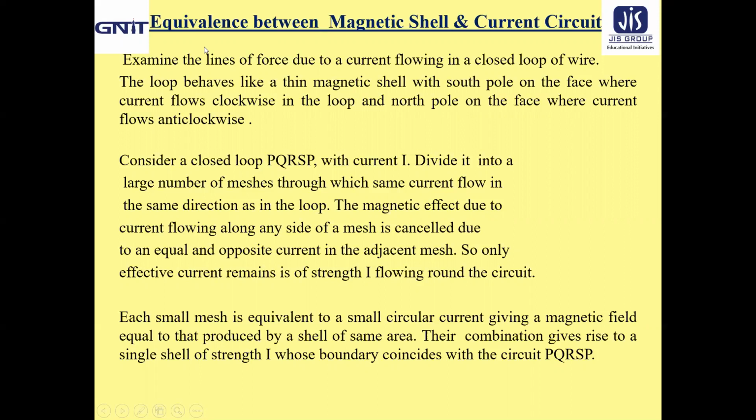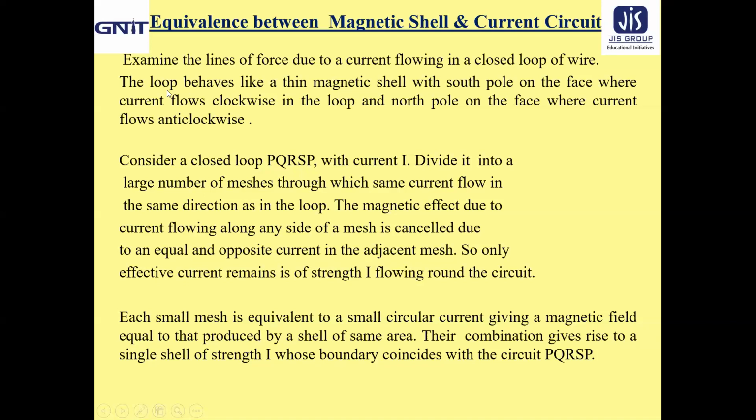Before going to Ampere's circuital law, let us take a look at the equivalence between a magnetic shell and a current circuit. It is required to examine the lines of force due to a current flowing in a closed loop of wire.